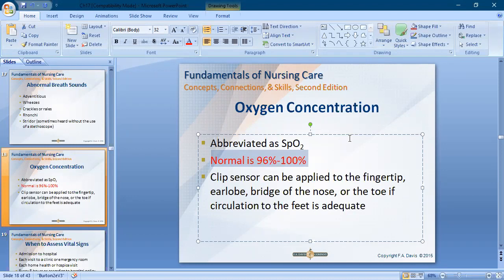But keep in mind something really important for the board exam. If the question mentions that a patient has a history of asthma, lung disease, or COPD, and the oxygen saturation rate of the patient is 91%, you do not need to give priority.